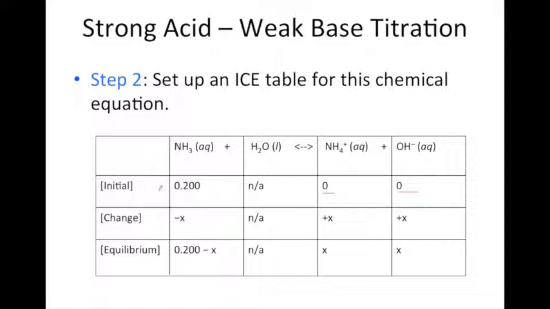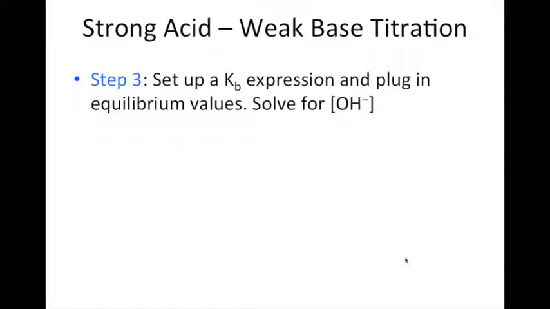As the reaction comes to equilibrium, our concentration of ammonia will decrease, minus x, and our concentrations of ammonium and hydroxide will increase by plus x. Again, this is because of our stoichiometry. Everything is a 1-to-1 ratio. Our equilibrium concentration of ammonia will be our initial minus our change, 0.200 minus x, and our equilibrium over here will be x and x.